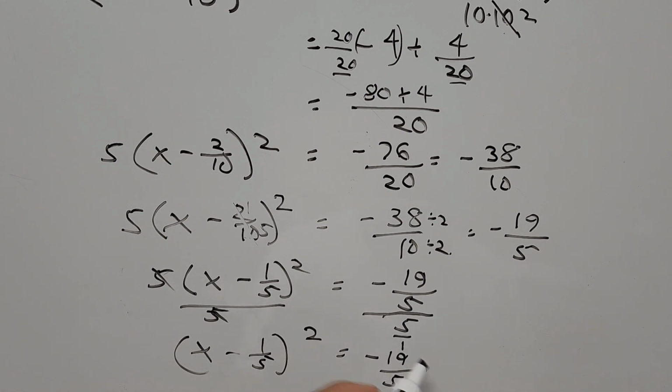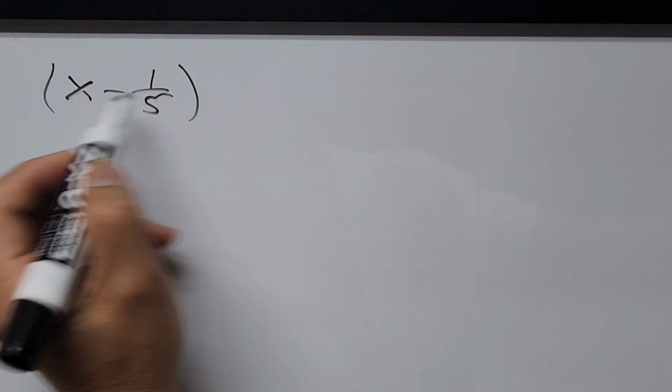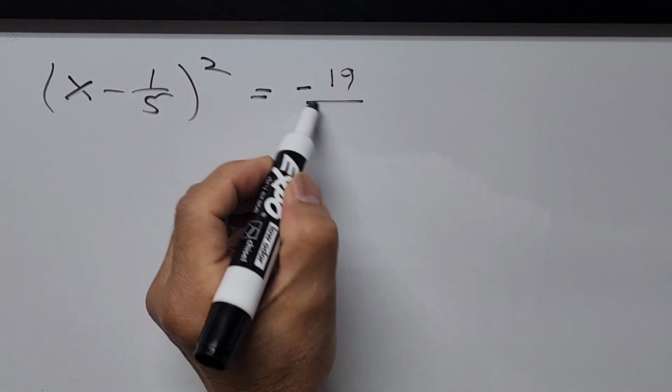So times, take the reciprocal of the denominator, so we have 1 over 5. So this becomes negative 19 over 25. So we now have x minus 1 over 5 squared equals negative 19 over 25.